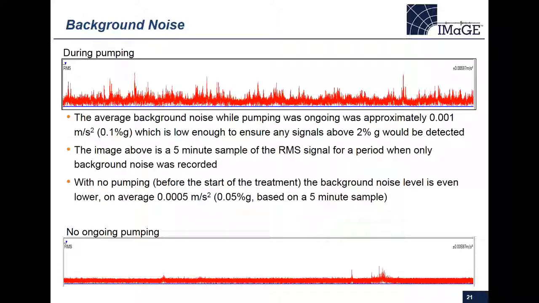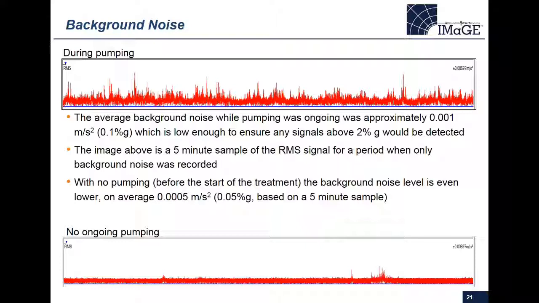This is just to ensure that the sensors would have detected any events above the threshold that is required. So for example, in this case, we've got 2 plots of the RMS signal for one project. In the top we can see it was during pumping, and the bottom was before pumping had started.